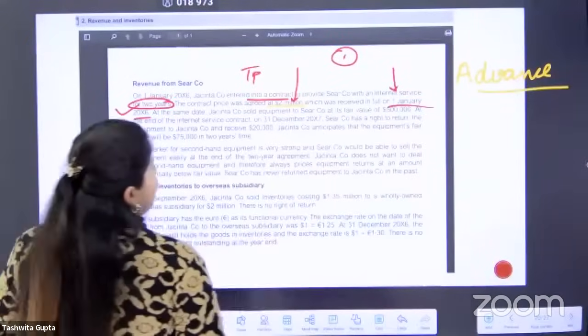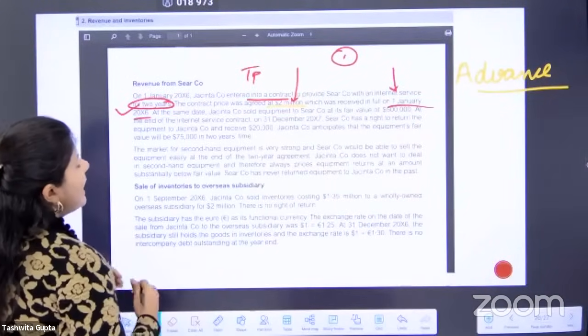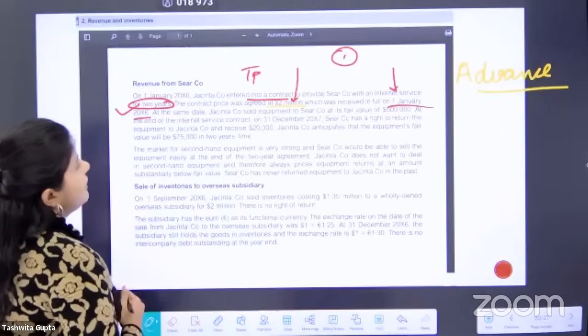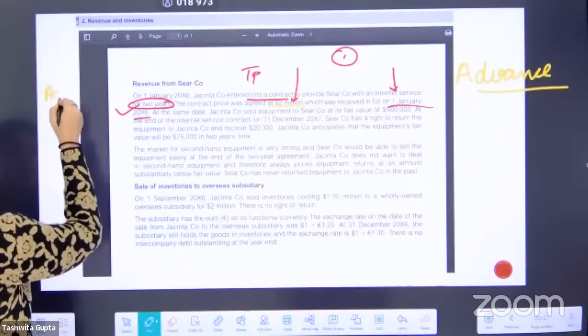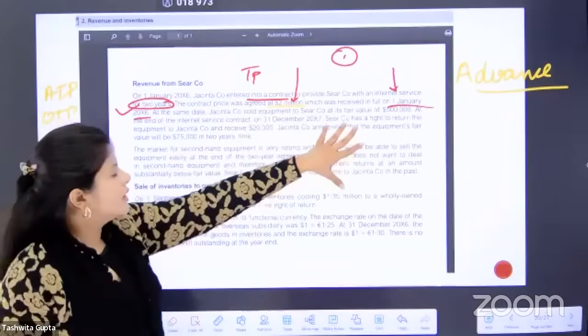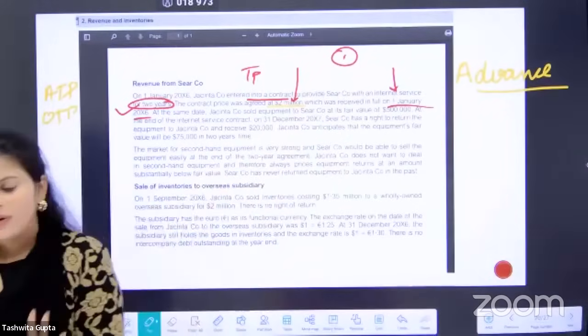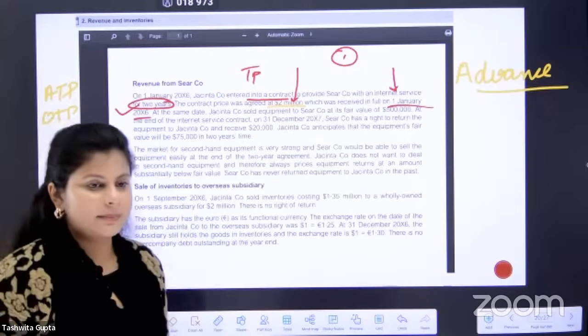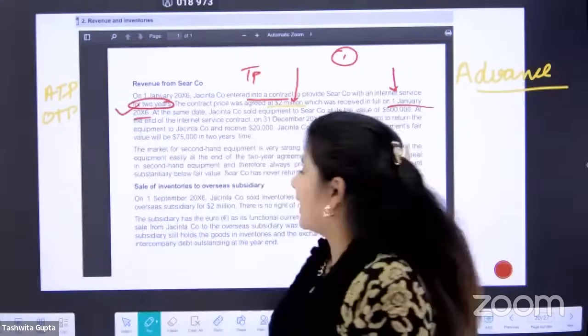Over here, I will write that and then I will relate that to this case of internet service. Is it at a point in time or over the period of time? This is happening within 2 years. So should I recognize it over the period of time or at a point in time? Over the period of time.